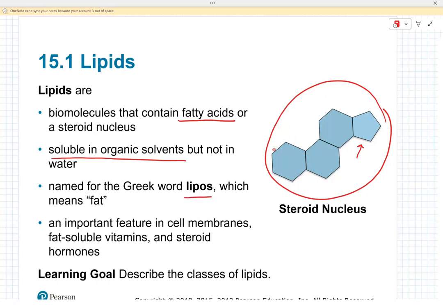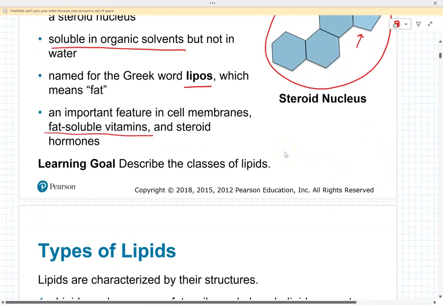The name comes from the Greek for fat, and they are super important in the structures of membranes, steroid hormones, energy storage, and certain fat-soluble vitamins.